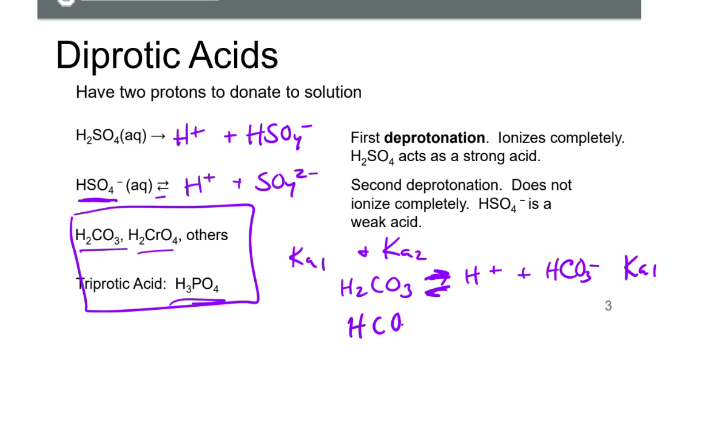And then HCO3 minus is going to form CO3 2 minus, and we're going to have Ka2 associated with that. And what you are going to find in every diprotic acid case is that Ka1, that first deprotonation, is going to be larger, stronger than Ka2. Ka1 greater than Ka2.